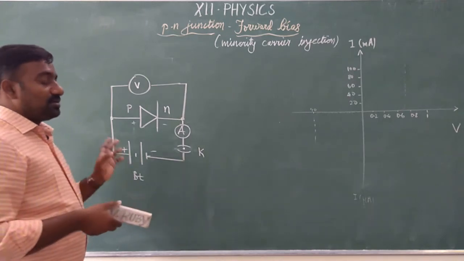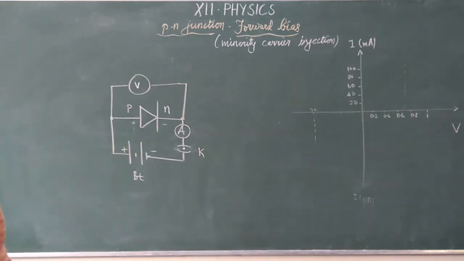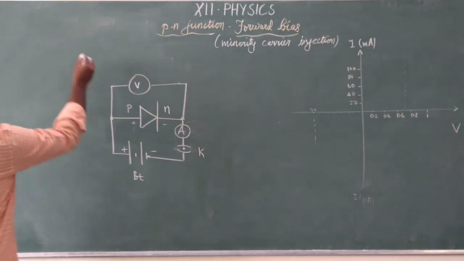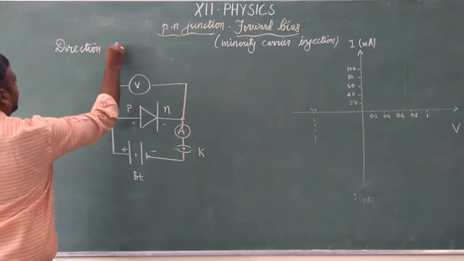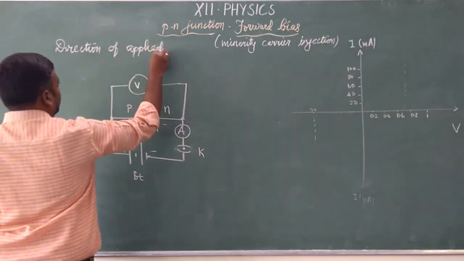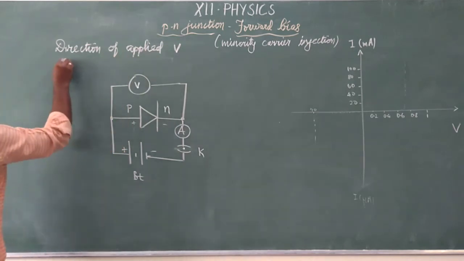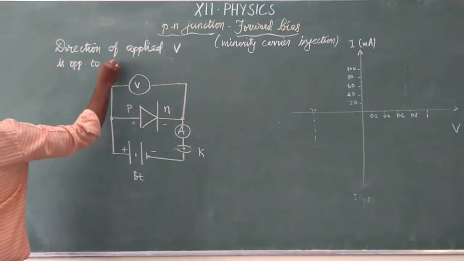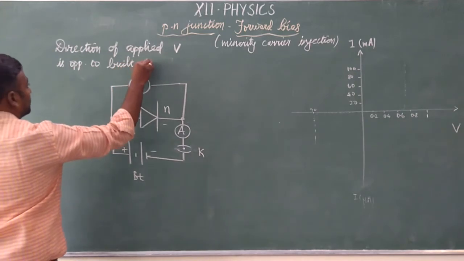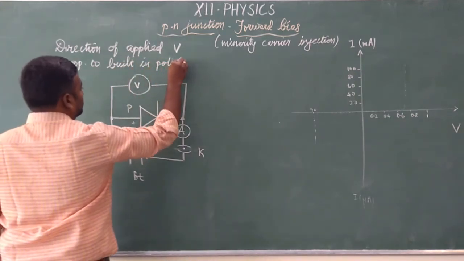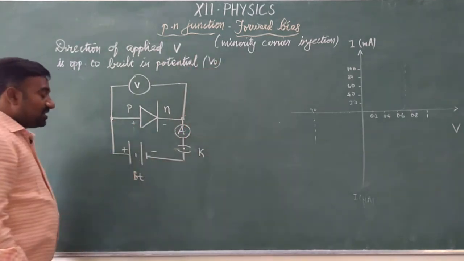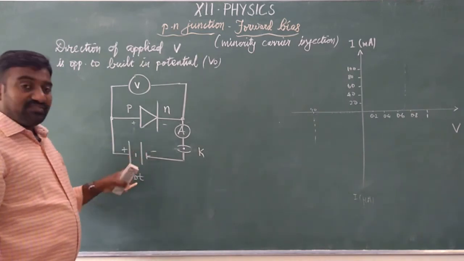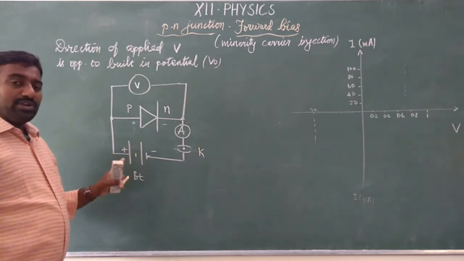The important thing we should notice here is that the direction of the applied voltage is opposite to the built-in potential, that is V naught. Initially we consider only the battery terminals connected, with only one cell used.